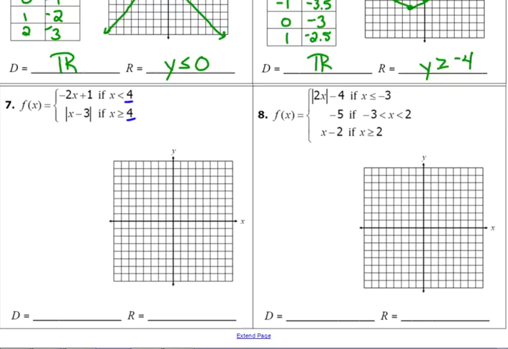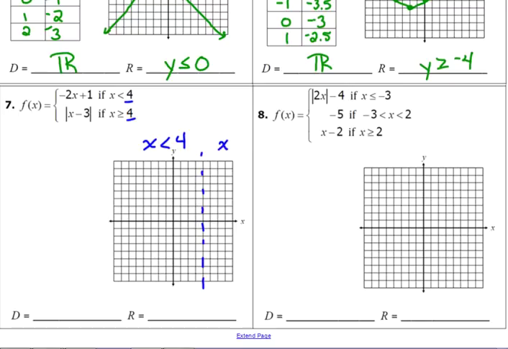So what I'm going to do is at x equals 4, I'm going to put just a light dotted vertical line so that I have that visual representation there to show myself that on this side of the function, when x is less than 4, my function's going to be negative 2x plus 1.